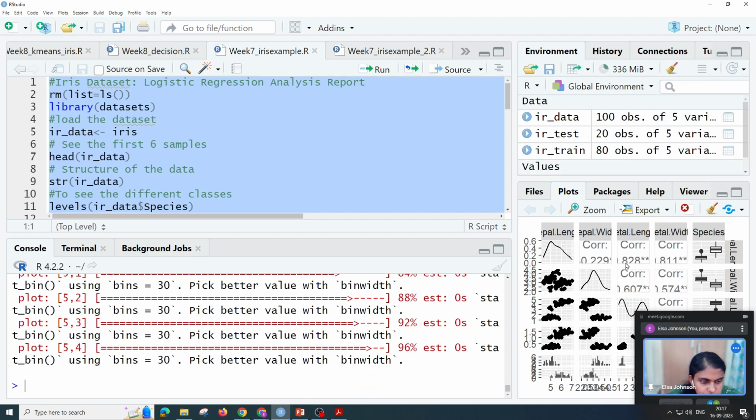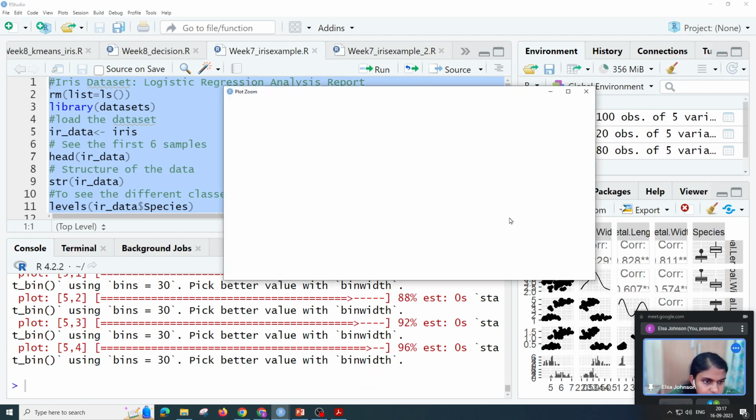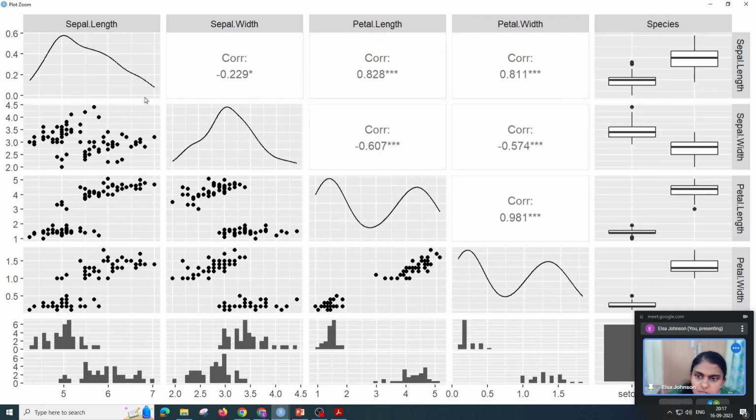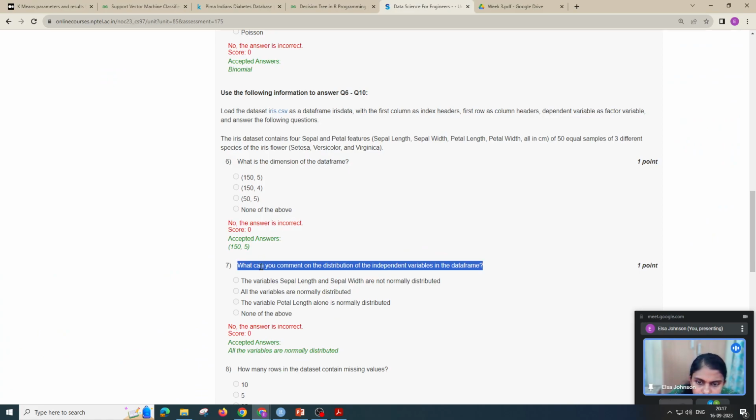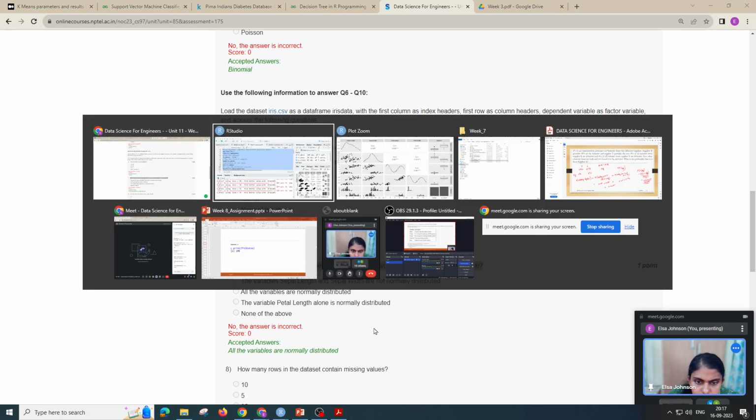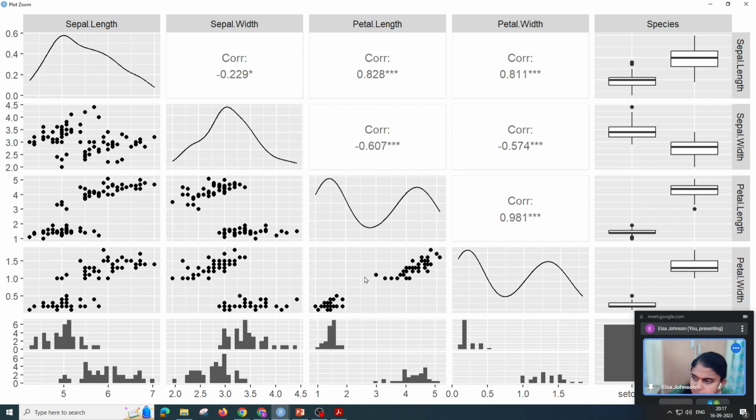So right now the plot has come. What was the question? The question was comment on the distribution, right? Not normally. So look at this, Swami, and tell me which is normally distributed.